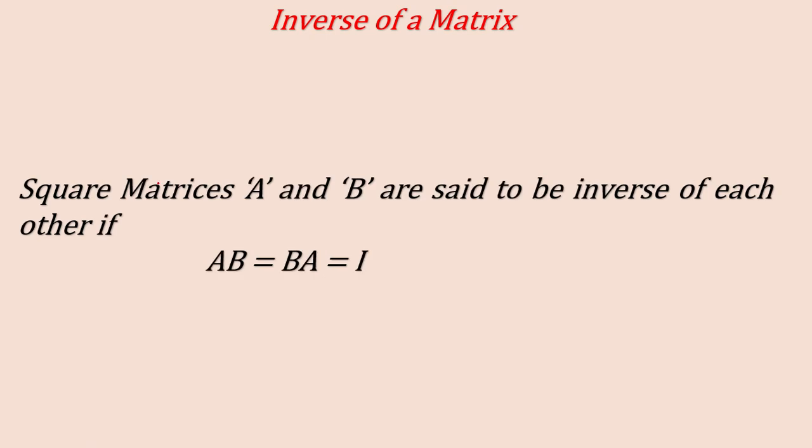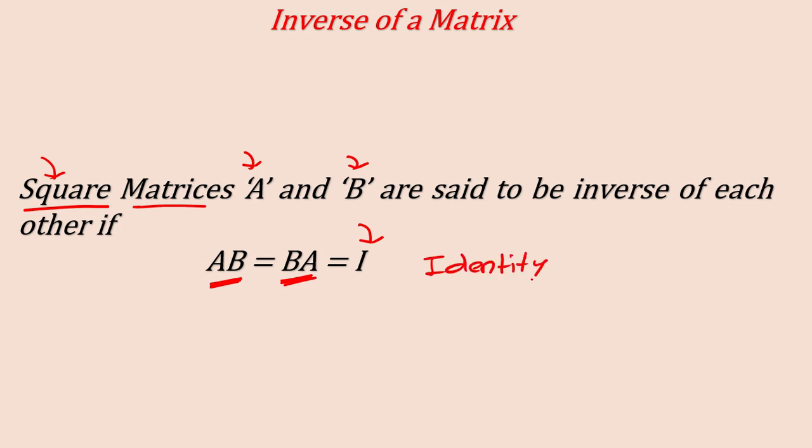Now, if we consider two square matrices, this is the first and important condition for defining the inverse, that the matrix should be square. Now, we have two square matrices A and B. They will be inverse of each other when A multiplied by B and B multiplied by A are both equal to the identity matrix. What is I here? Identity matrix.